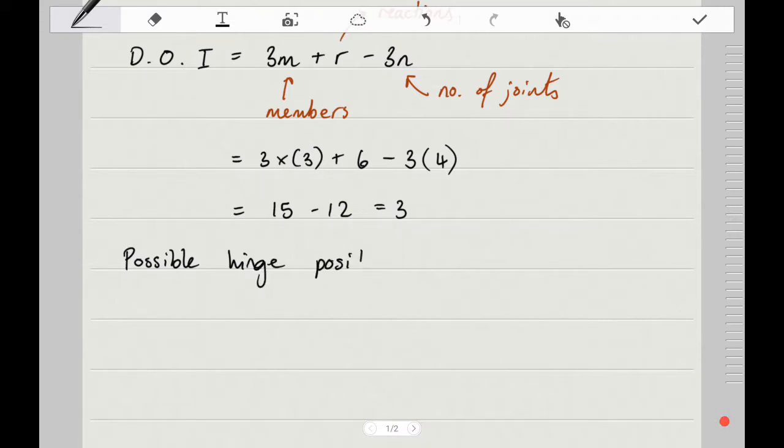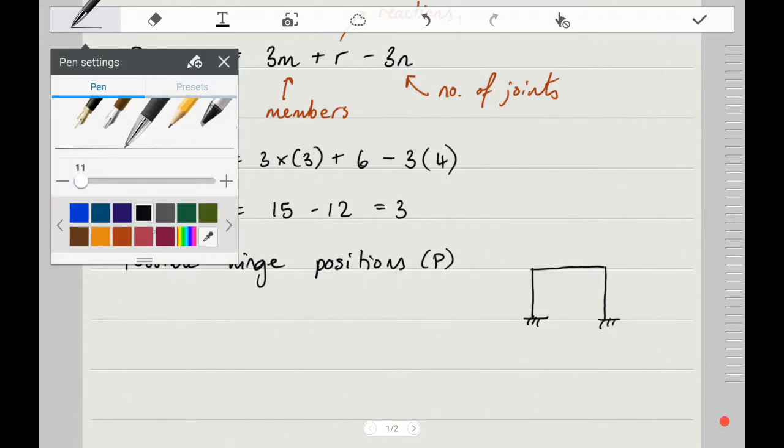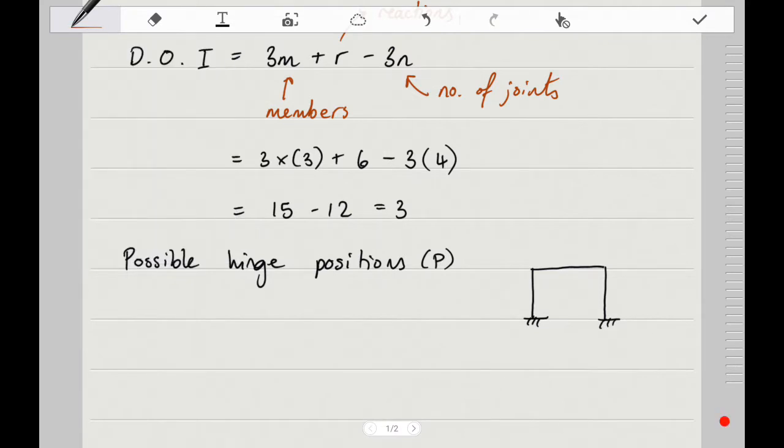So now we are talking about hinges, and we're going to label that as P. If we draw a small sketch of our scenario, now we have to think about where hinges usually form.